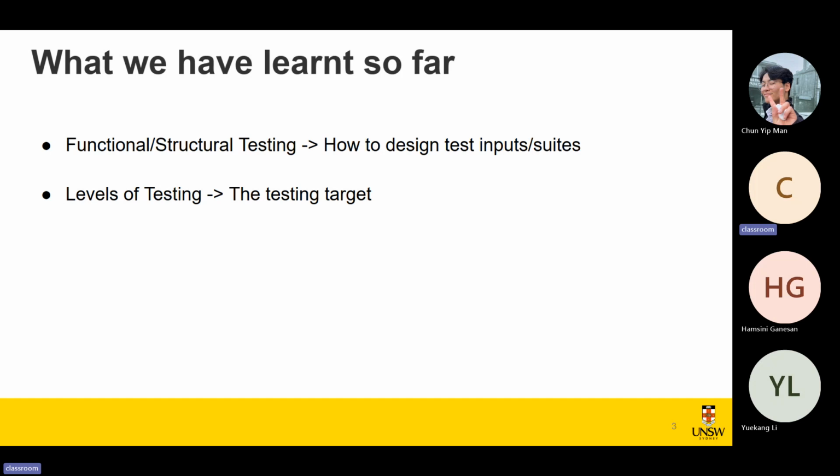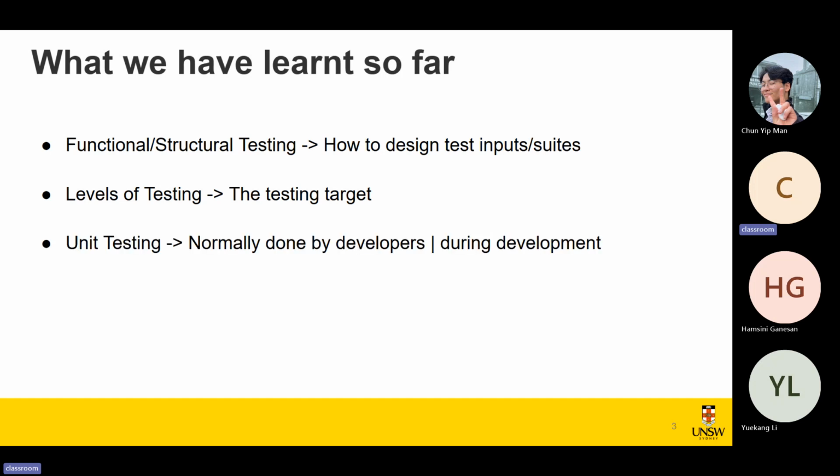And we just learned levels of testing in our previous lecture, which is about how we determine the testing targets. For example, we can select functions as our testing targets. We can combine functions into some subsystems as the testing target. And of course, we can use the entire system or the entire software as our target for testing.